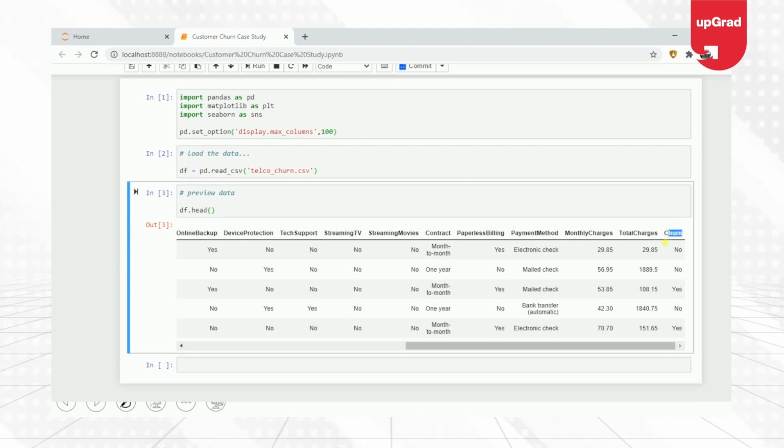The most important attribute here is the churn attribute. When it says no, it basically means that the customer is a part of the same network provider, the original network provider. When the value of churn is yes, that basically means that the customer has left the network.